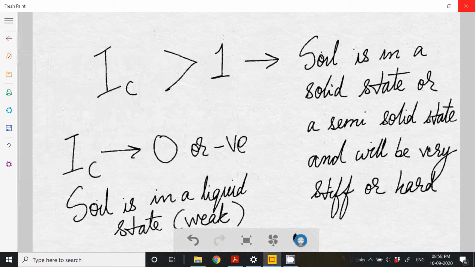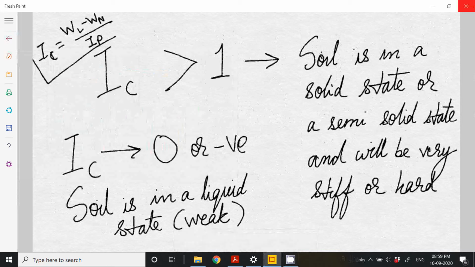So that you need to understand. Basic is the formula IC is equal to WL minus WN by IP. You have to remember this formula.